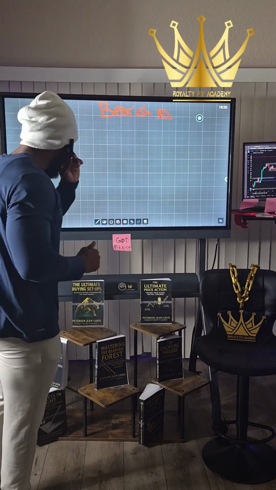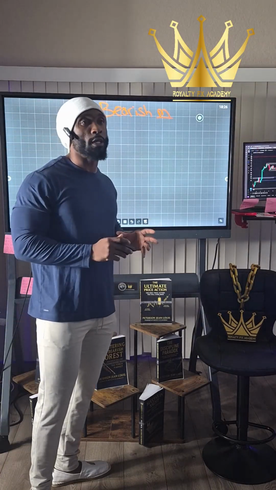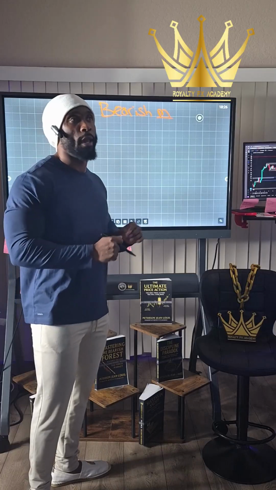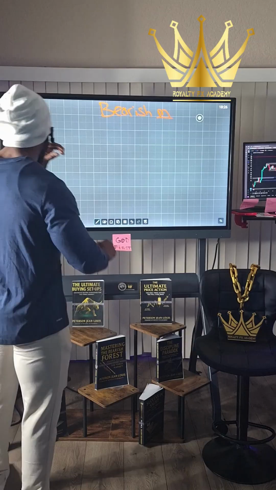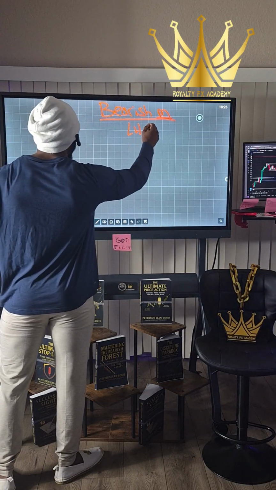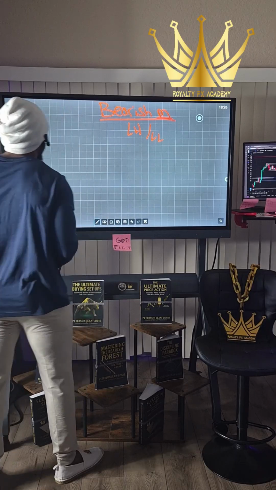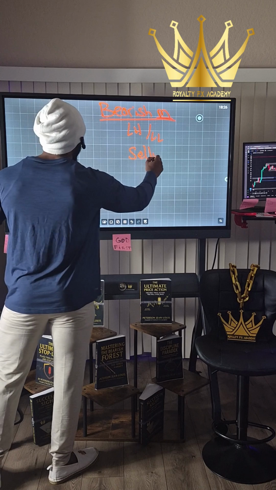The next thing we're going to talk about is where do we look to take our trade and what kind of entry are we looking to take? Now, with a bearish market, that is giving you lower highs and lower lows, you look for selling entries only.